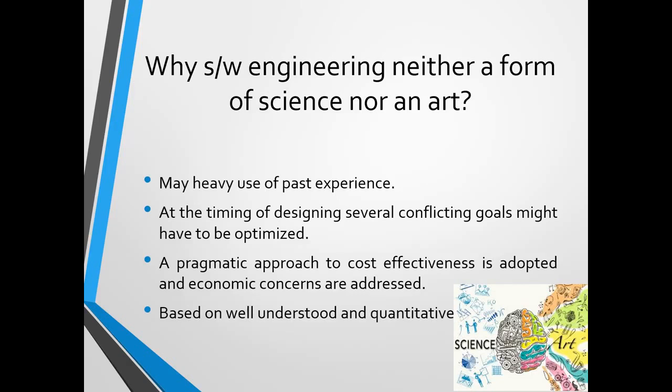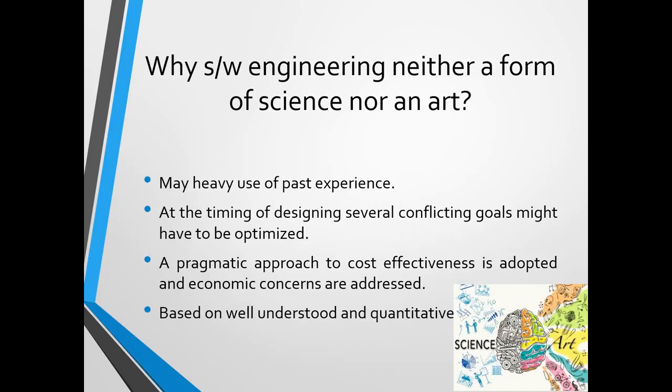In contrast to the approach adopted by engineering disciplines, only exact solutions are accepted by science, and that too when backed by rigorous proofs. So science requires exact solutions and rigorous proofs, whereas in software engineering the rules can be adopted from past experience.